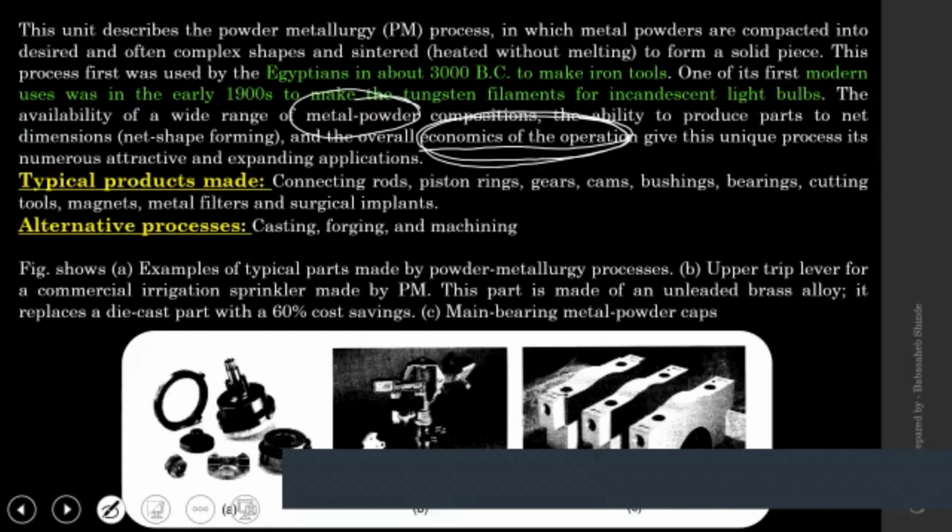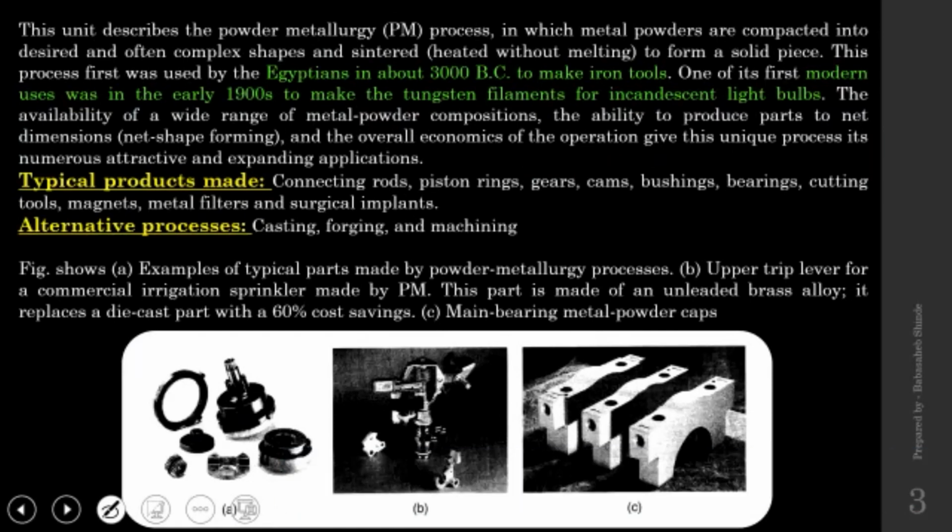Now, what are the typical products made by powder metallurgy? There are various products, but here some prominent or important products have been mentioned, which are typically made by this technique.